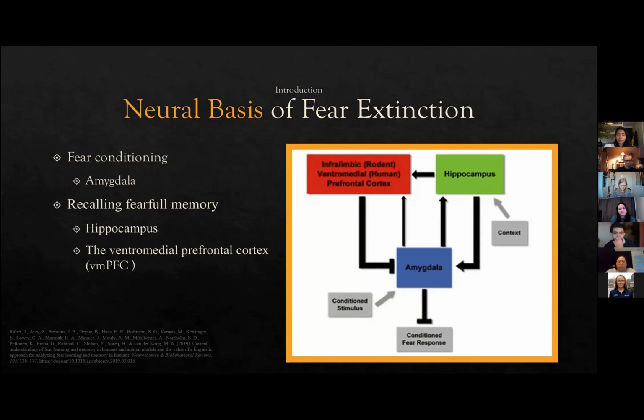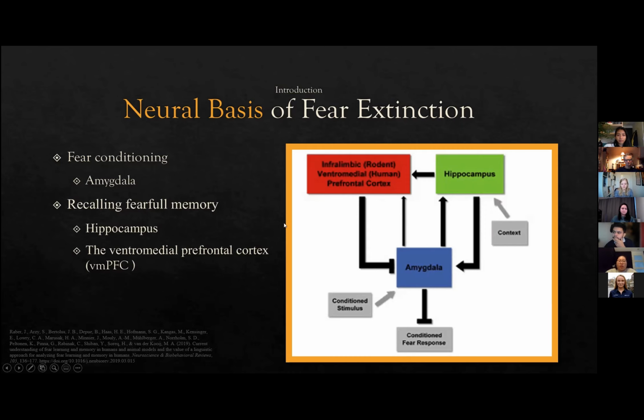The neural basis of fear extinction starts in the brain, where you have the amygdala, the hippocampus, and the ventromedial prefrontal cortex. The stimulus comes into the amygdala, which gives a signal to the hippocampus, where they start to recall the fearful memory that is stored in the ventromedial prefrontal cortex.